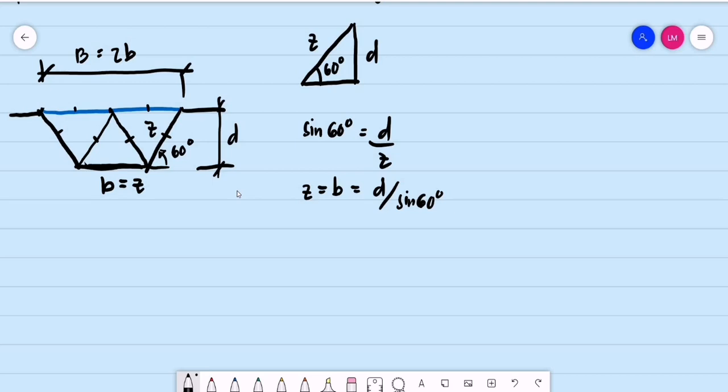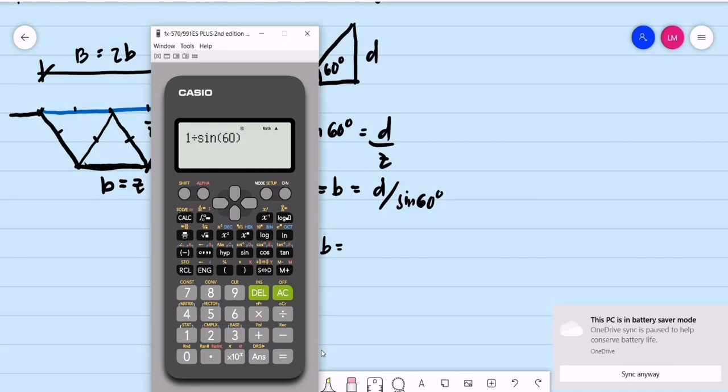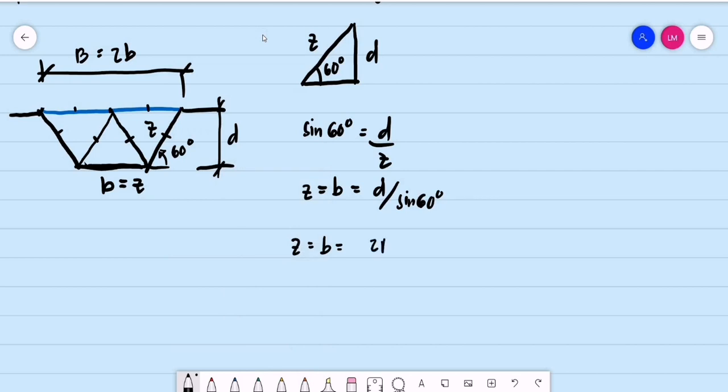Okay, so what will be the equivalent of the value of Z or the value of B? That is the same as 1 divided by, what is 1 over sine 60? So we have, that is 2 square root of 3 over 3. So this is 2 square root of 3 over 3 of the depth. That will be the value of Z or the value of B.